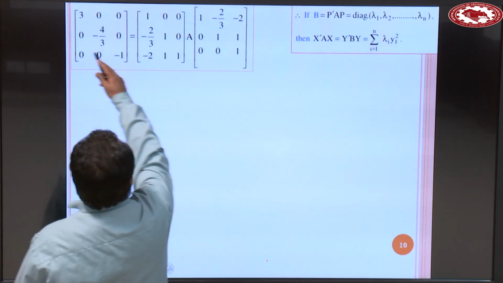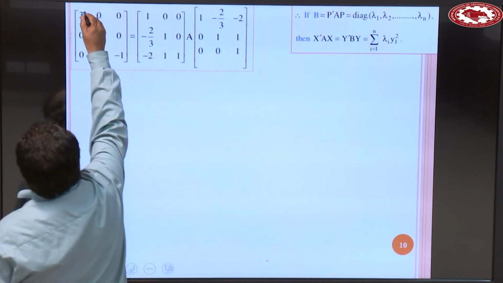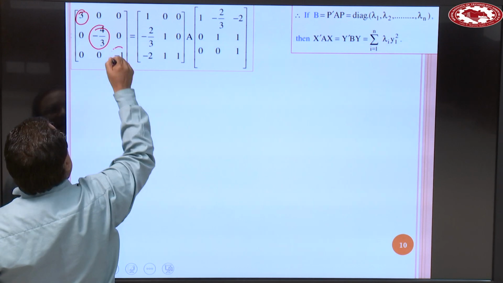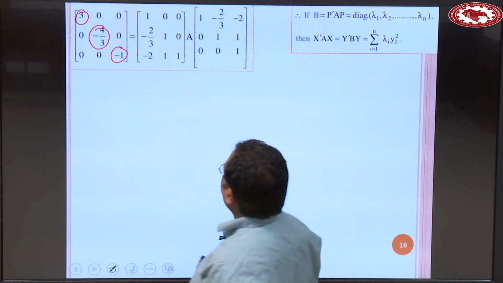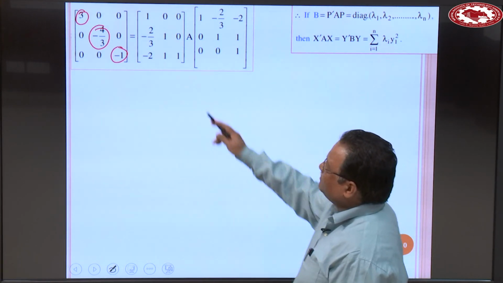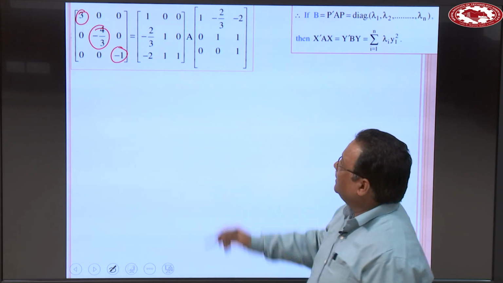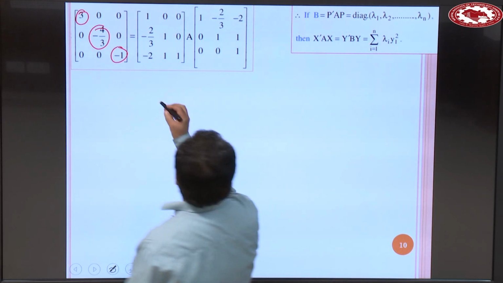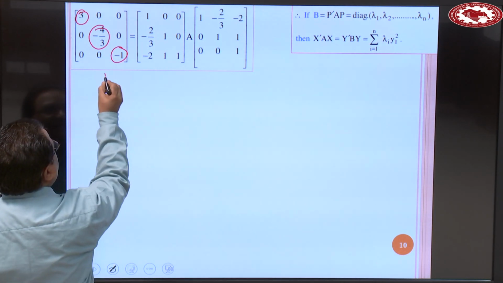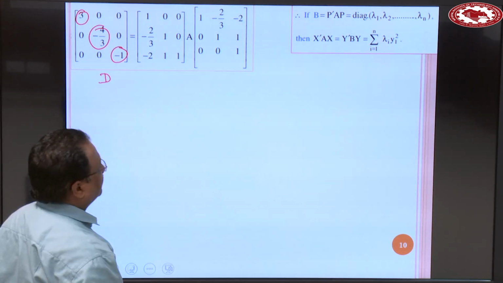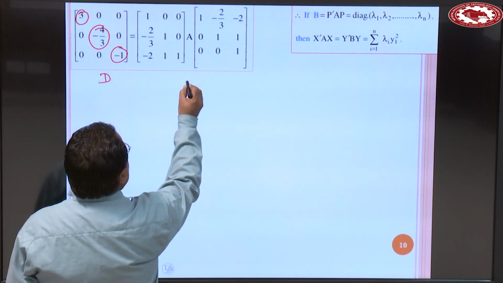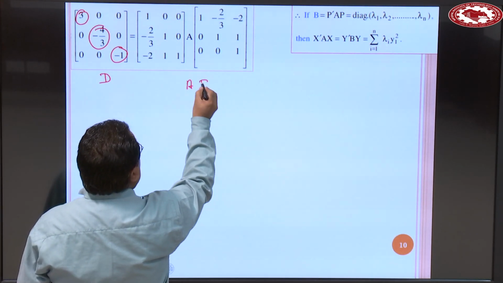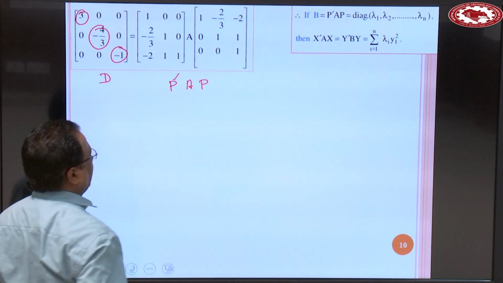So this matrix is this, this and this. Okay? Now look at this matrix carefully. This is the transpose of that matrix. Okay? This matrix is a diagonal matrix. Clear? And this matrix is A as it is. This matrix is P and this one is P dash.